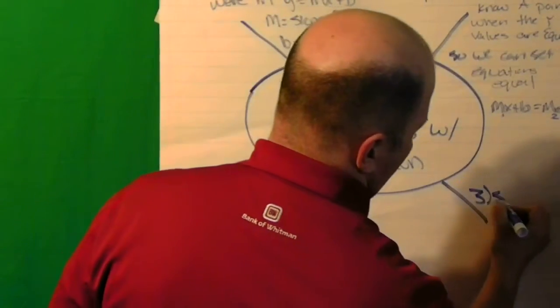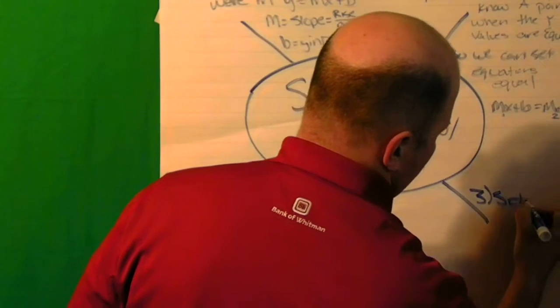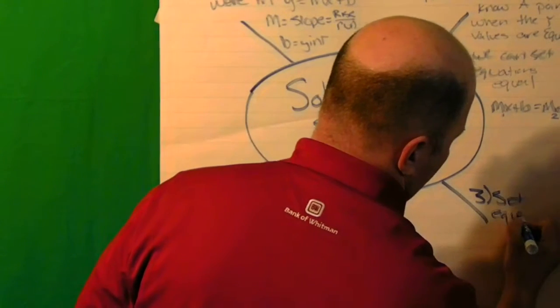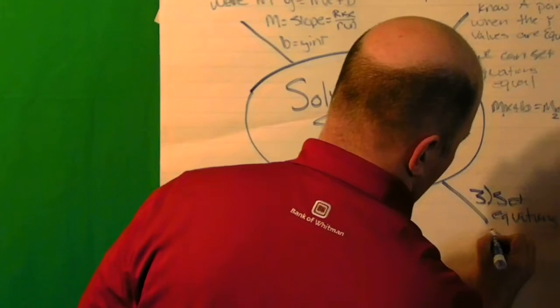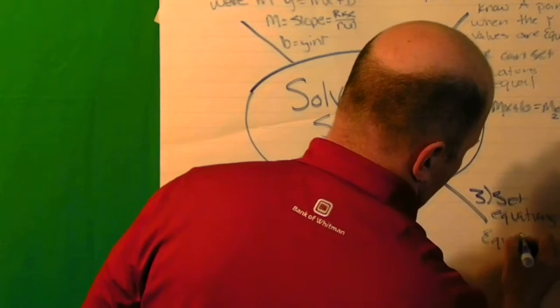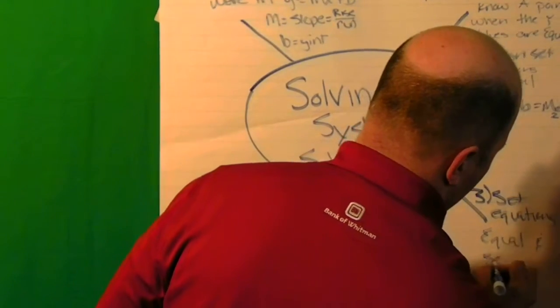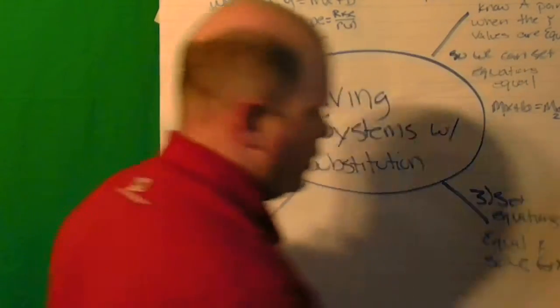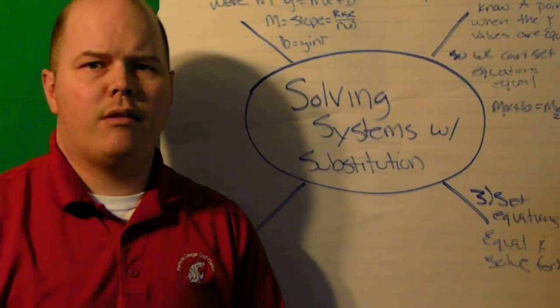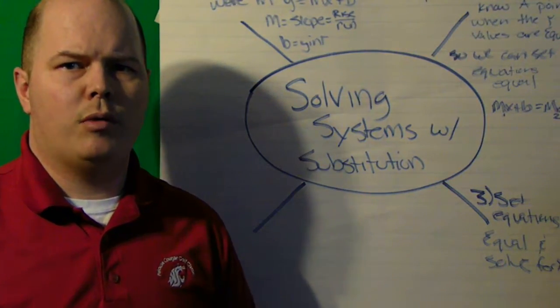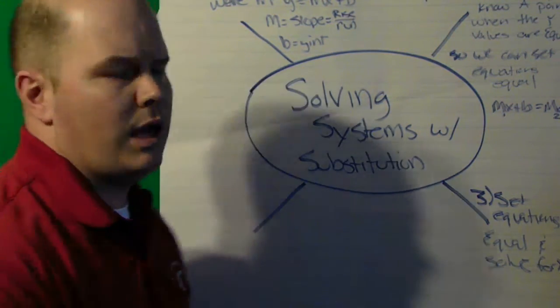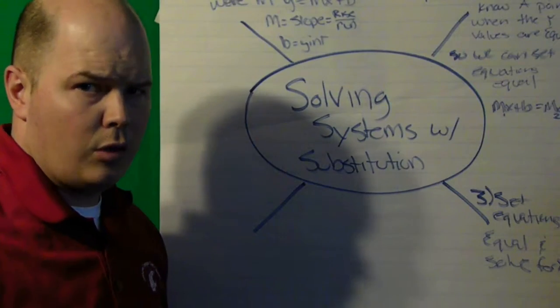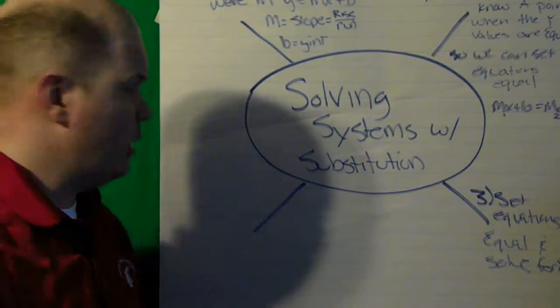We would set equations equal and solve for x. And remember, we did that. We'd set the equations equal, we get a value for x, and then once we had our value of x, that tells us the x coordinate when both the y coordinates are equal.